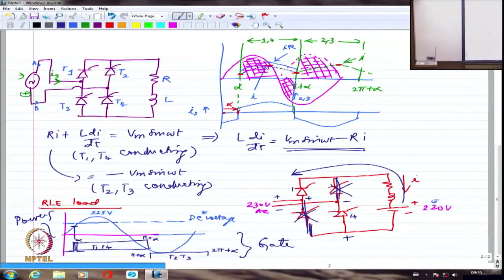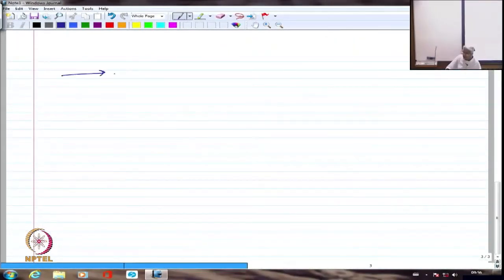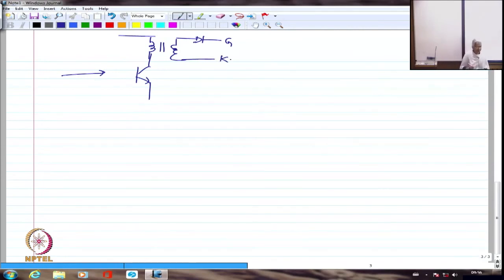But if I give a wider pulse directly, if you may recall, we had said that the pulse has to be given basically to an amplifier. In the amplifier, I had given a pulse transformer in the primary, which is connected to the amplifier, and the secondary was directly connected through a diode to the gate and cathode. This is how I had shown, right?